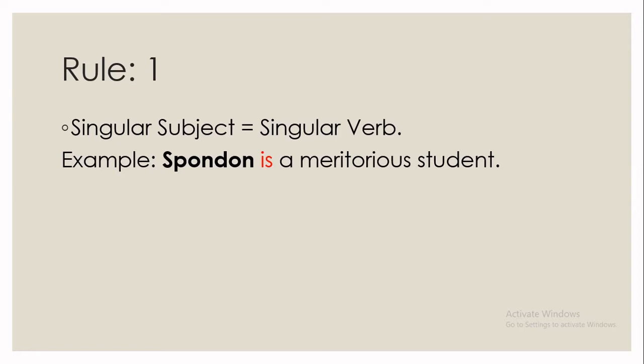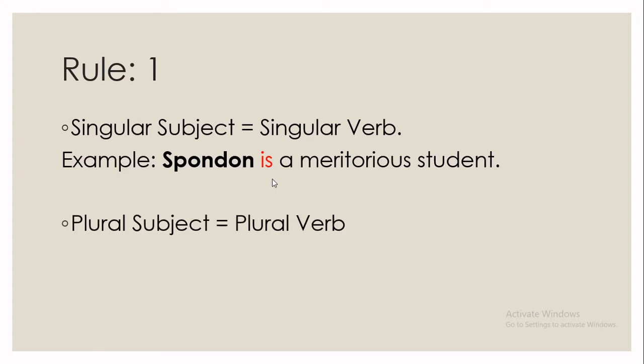So Spondon is a singular subject, right? That's why after Spondon there is a singular verb, is. So Spondon is singular, that's why Spondon is a meritorious student. You cannot say Spondon are a meritorious student because Spondon is a singular subject. That's why the verb should be singular.